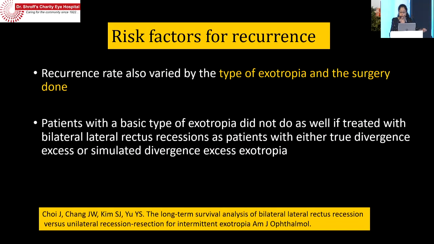Another study published looked at the long-term survival analysis of bilateral lateral rectus recession. They found that it also varied by the type of exotropia and the surgery done. Patients with basic type of exotropia did not do well if treated with bilateral lateral rectus recessions, as compared with patients with either true divergence excess or simulated divergence excess exotropia.